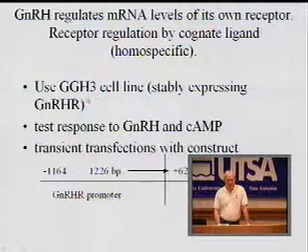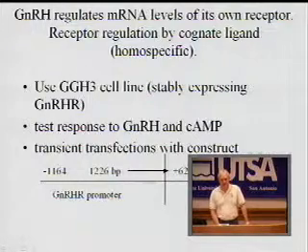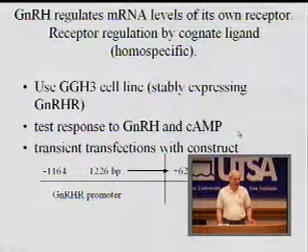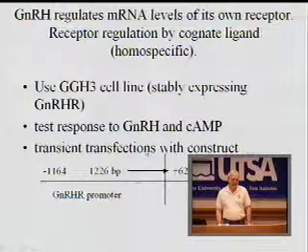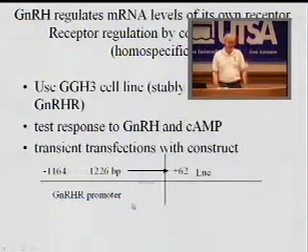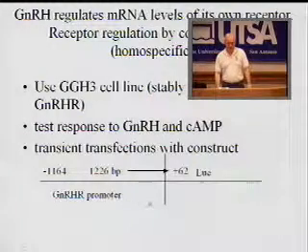So to investigate this, the GGH3 cell line was used. These stably express the GnRH receptor. And you can use these to test the response to GnRH and cyclic AMP to evaluate the effects on the expression of the GnRH receptor promoter.